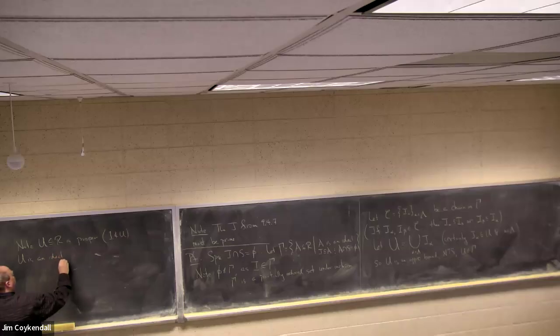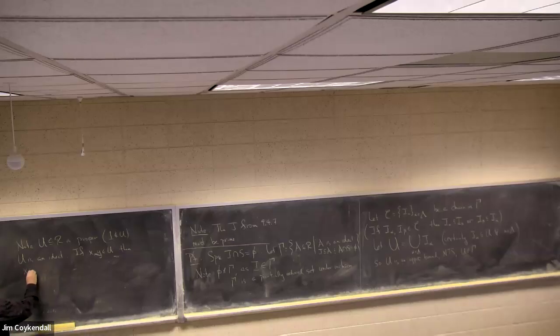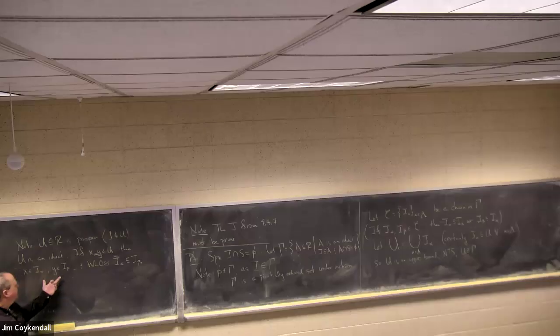So I'll just skim this one. If X, Y are in U, then X is in I alpha, Y is in I beta, and without loss of generality, I alpha is contained in I beta, because one of these two has to contain the other. That's what we're showing. If X and Y are in U, then X lives in one of the I alphas, Y lives in some I beta.